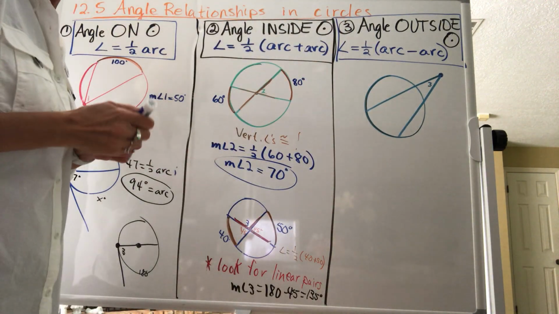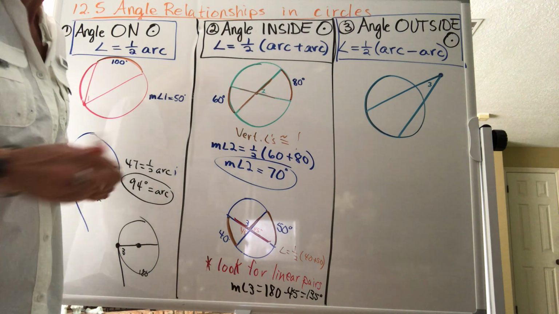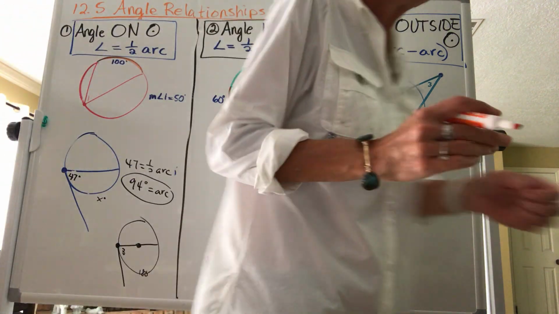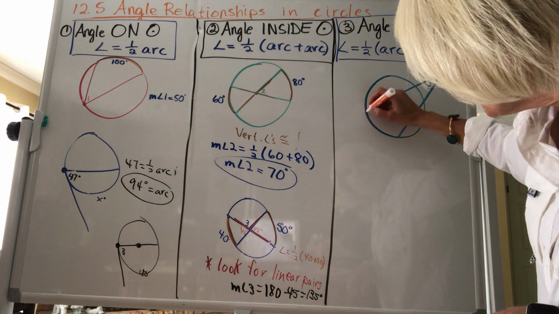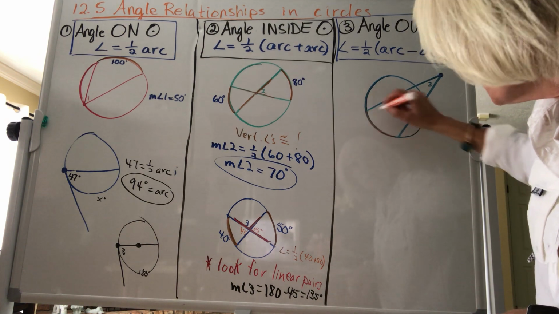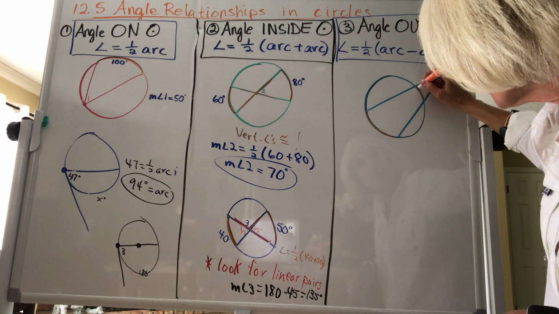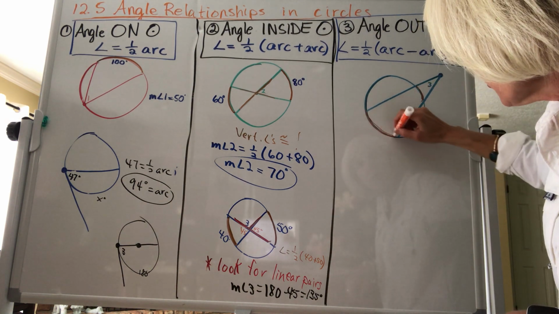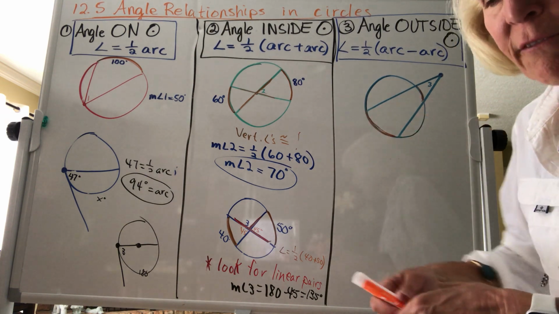So if the angle is on the outside, it's just half of the two intercepted arcs. Now remember, an angle has to have a measure that is positive, so I can't do small arc minus big arc. I'm going to be looking at the arcs between these two secant segments. So the measure of angle 3 would just be this arc minus this arc and then half of that.